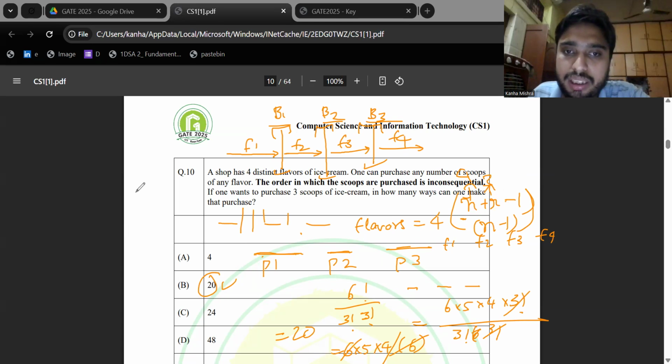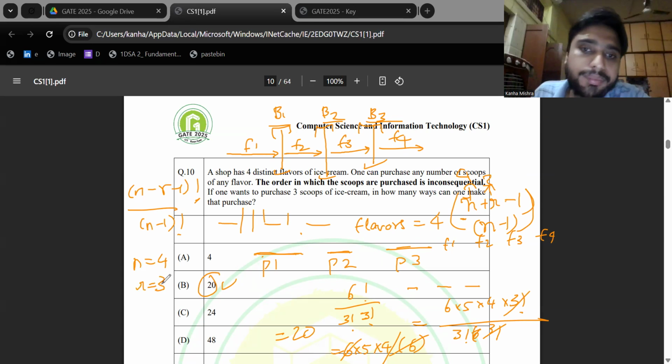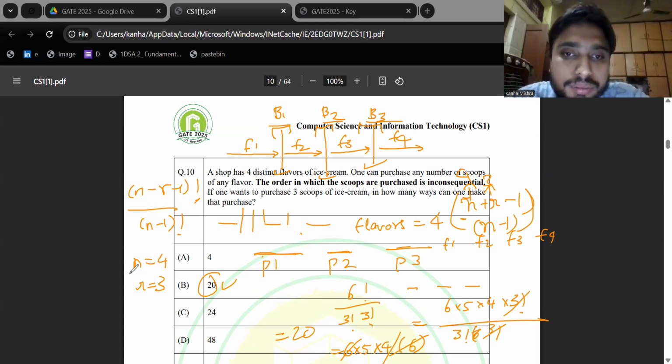You can substitute n equal to 4 and r equal to 3. N plus r minus 1, sorry. So this will come out to be 6C3.